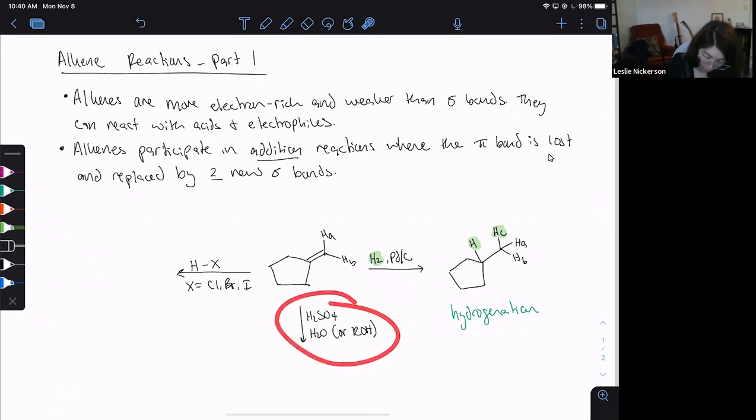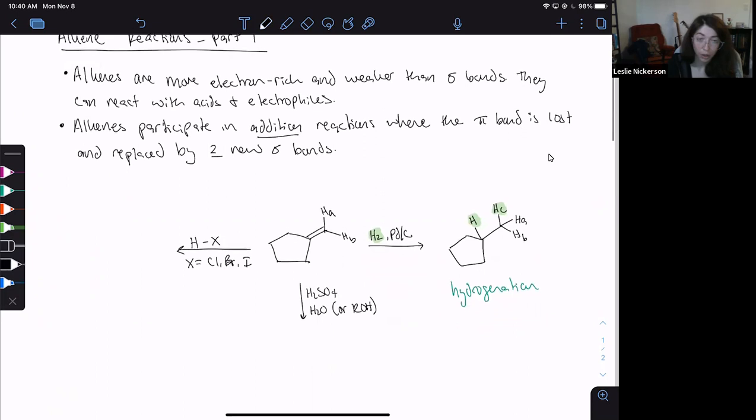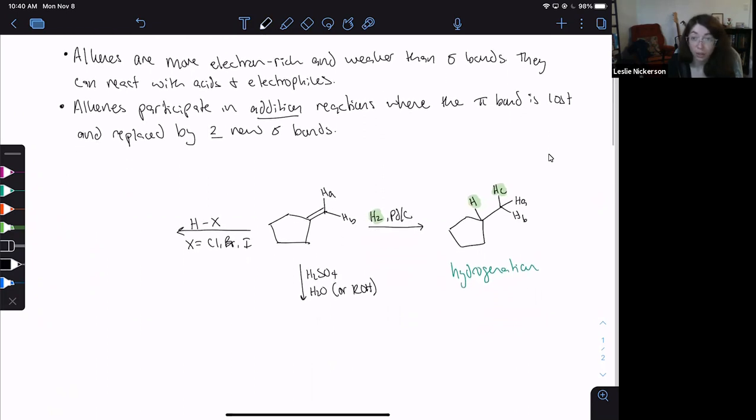All right, so let's go to the one on the bottom. So this is sulfuric acid and water. You can also use alcohols here if you want to add carbons to your molecule. So if I did it with just water, I'm going to be adding water across the double bond.